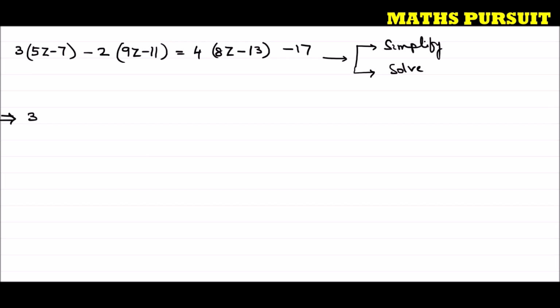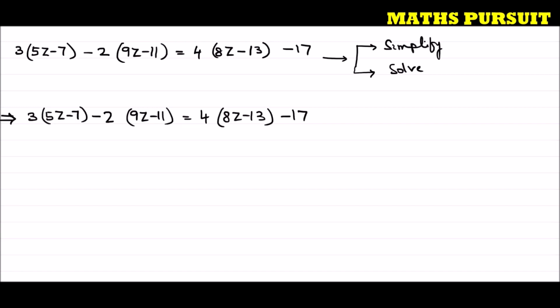Here the question has given us 3 into (5z minus 7) minus 2 into (9z minus 11) is equal to 4 into (8z minus 13) minus 17. This is what the question has given us. Now guys, let us first of all simplify this one.